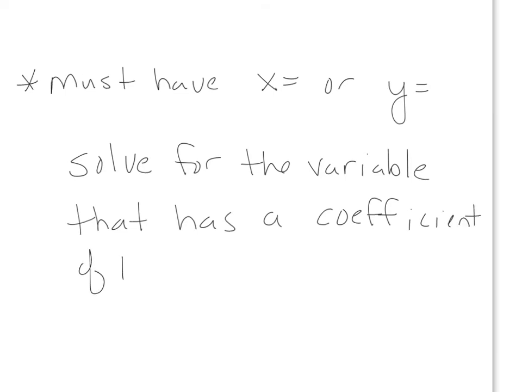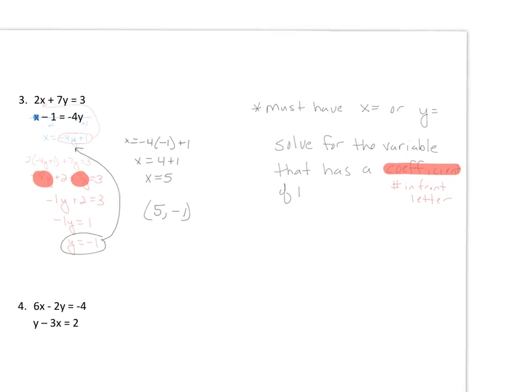Now, guys, coefficient here, that's just a fancy word for number out front. Number in front of letter, if you didn't know that, okay? If you knew that, fabulous. If not, though, that's what that means, okay? Number in front of letter, okay?